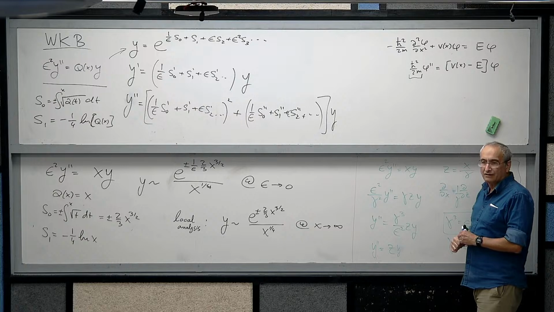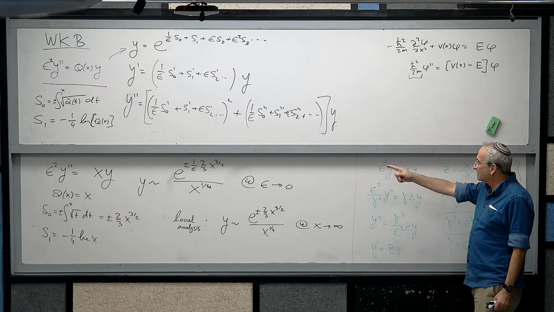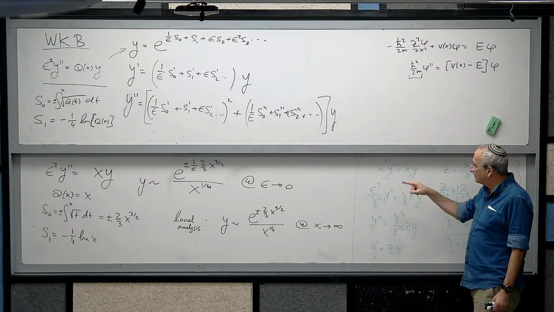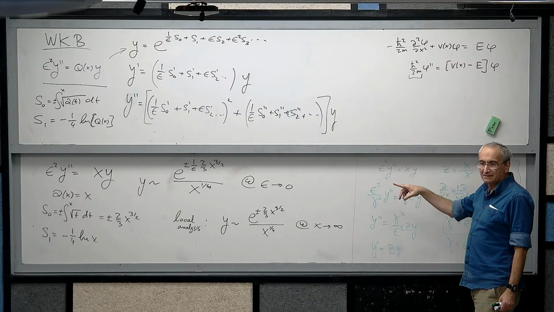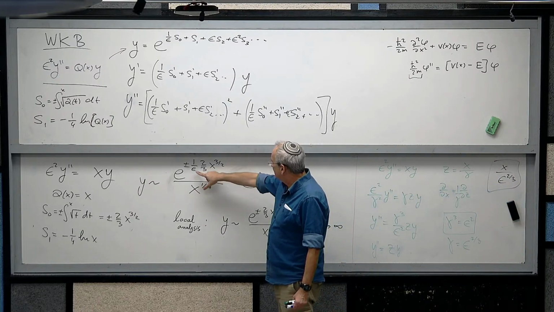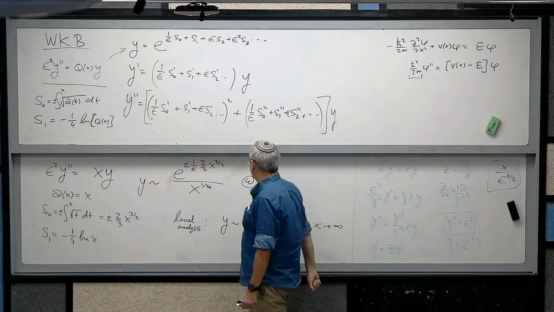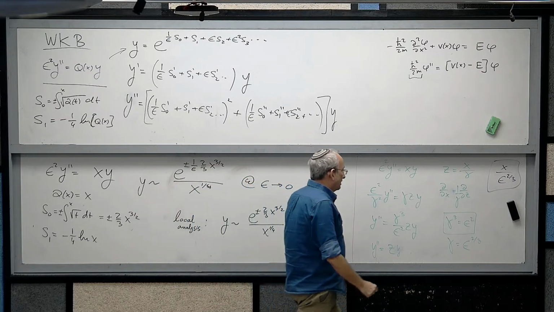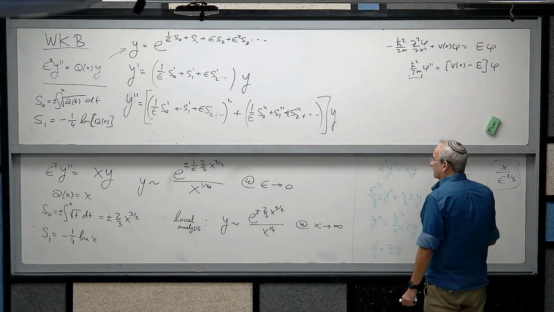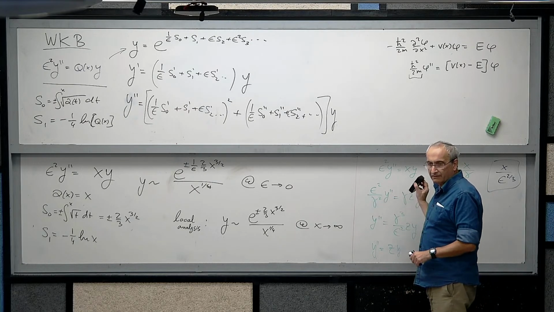And that's why the large x and the small epsilon limits are the same limit. And you see that here, x scales like epsilon to the 2/3. Good. Are we okay?